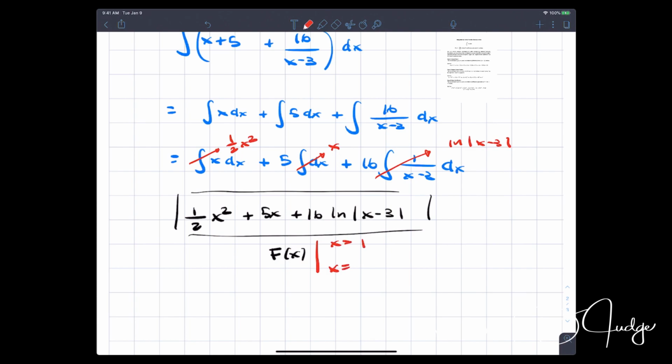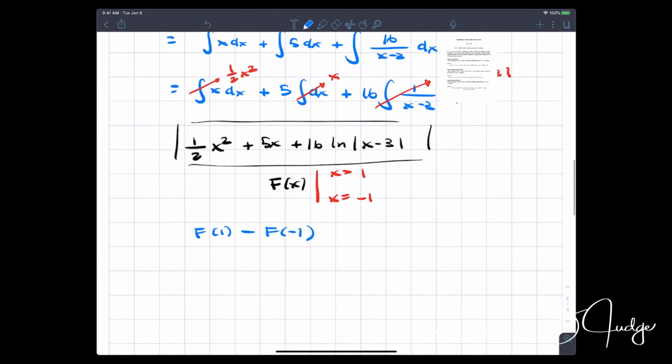Okay. So now if we said, okay, let's try this in terms of limits, just for fun, because you guys had the request yesterday. We're going to have to evaluate this, right? From x is negative 1 to positive 1, which means the value is f of 1 minus f of negative 1. And so in that case here, we say, oh, this is 1/2 times 1 squared plus 5 times 1 plus 16 natural log absolute value of 1 minus 3.